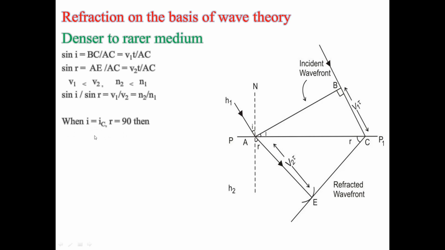As the light travels from denser to rarer medium, the angle of refraction will be greater than the angle of incidence. And when the angle of incidence reaches the critical angle, the angle of refraction becomes maximum, that is 90 degrees.